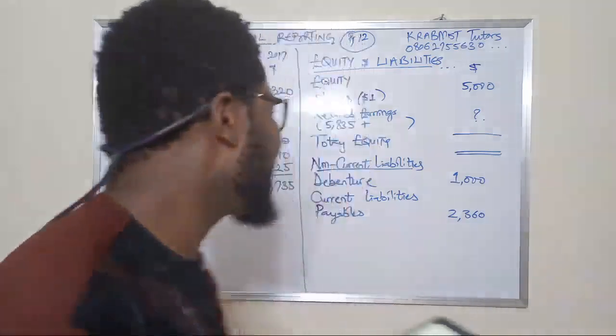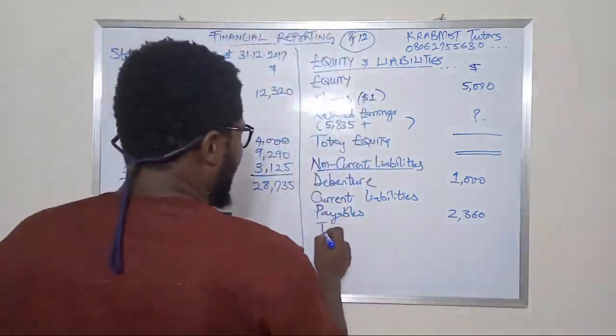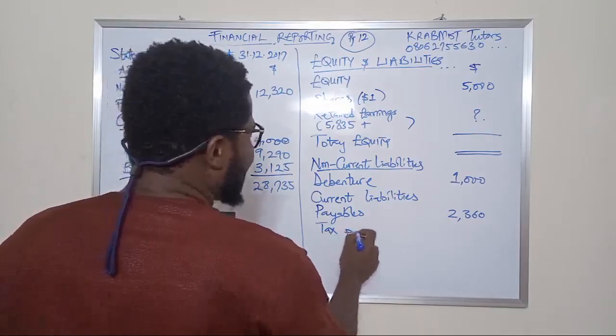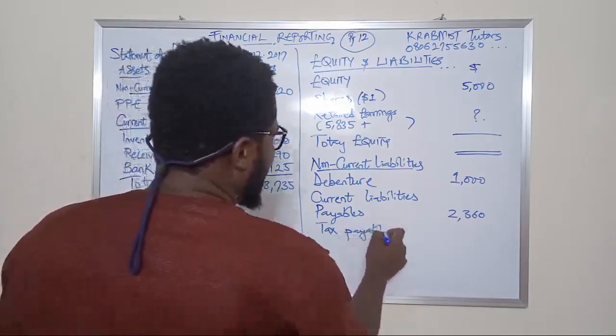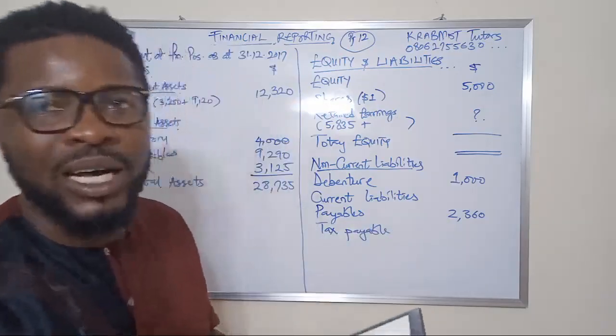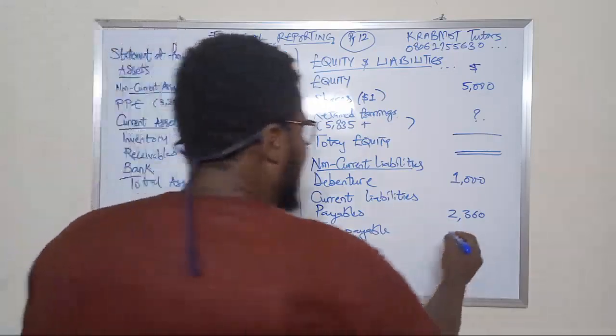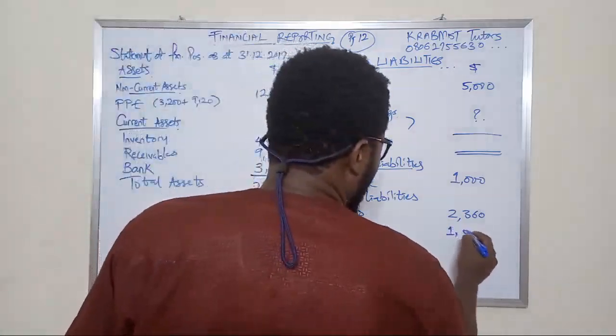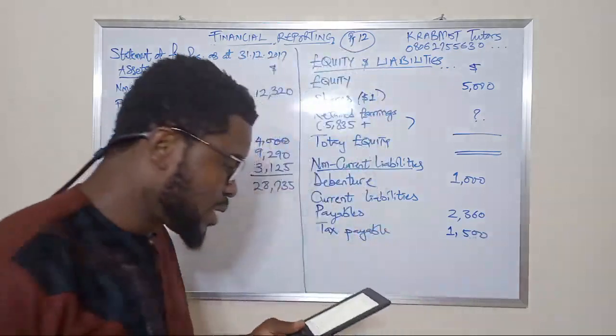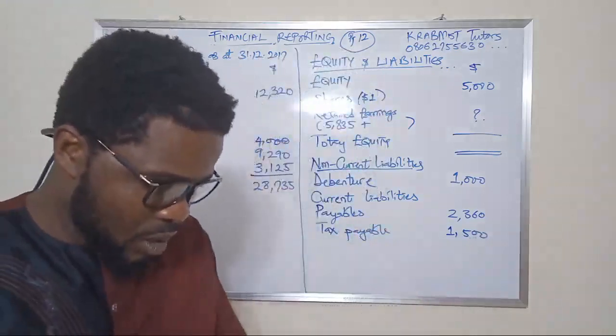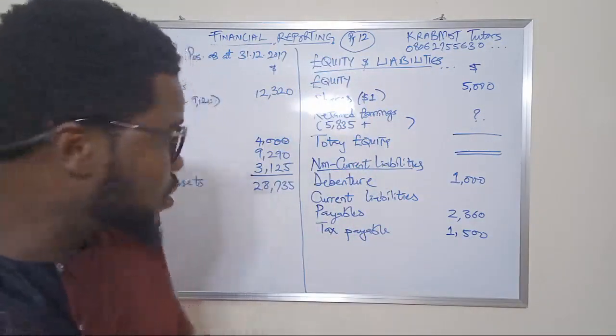They have given us tax payable. There's also a standard for tax. We will look at that where we will look at deferred tax also. 1,500. We are on our way.